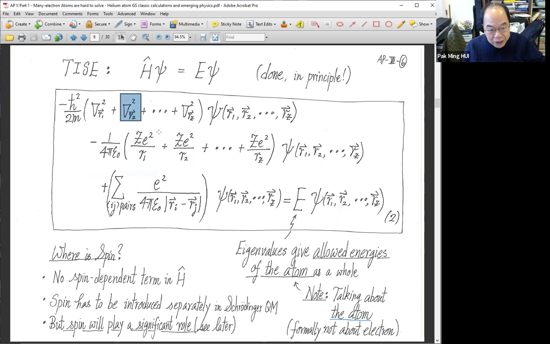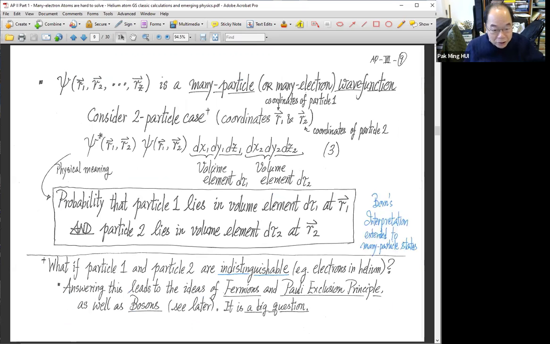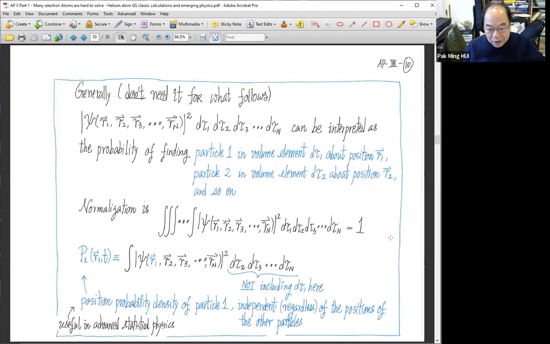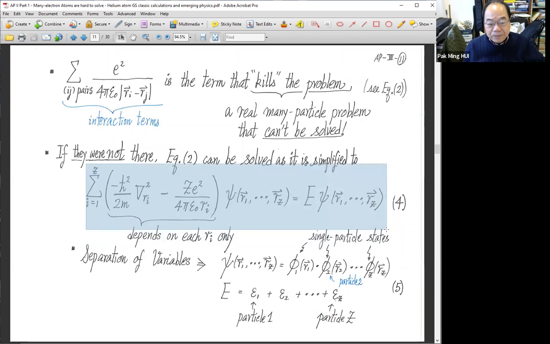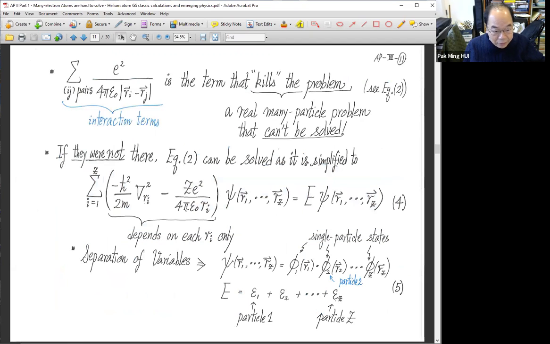Similarly, the R2 kinetic energy, R2 seeing the nucleus potential energy, group it. If you do it for every electron, you have this simplified Schrödinger equation.